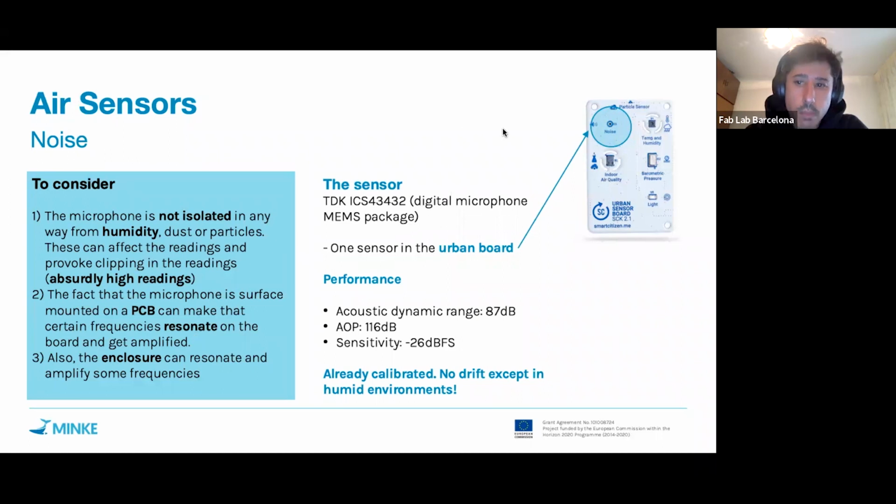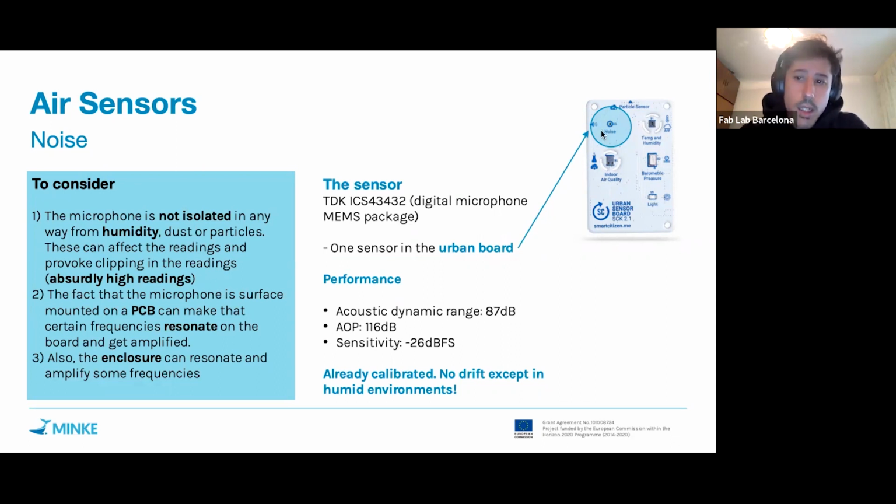So if you place it in environments with very high humidity levels, or you block it in any way with dust or any other thing, it could end up giving absurdly high readings. And we have seen this in many experiments.